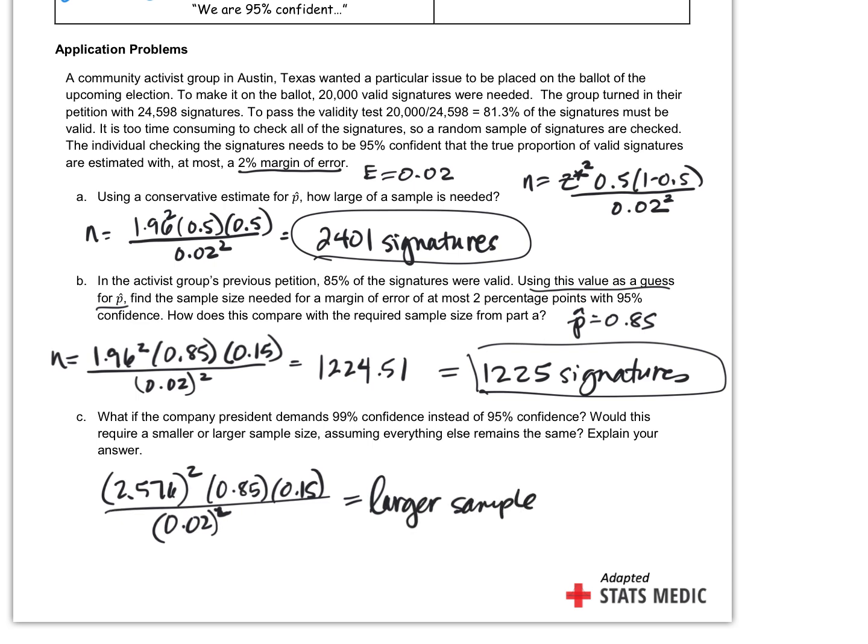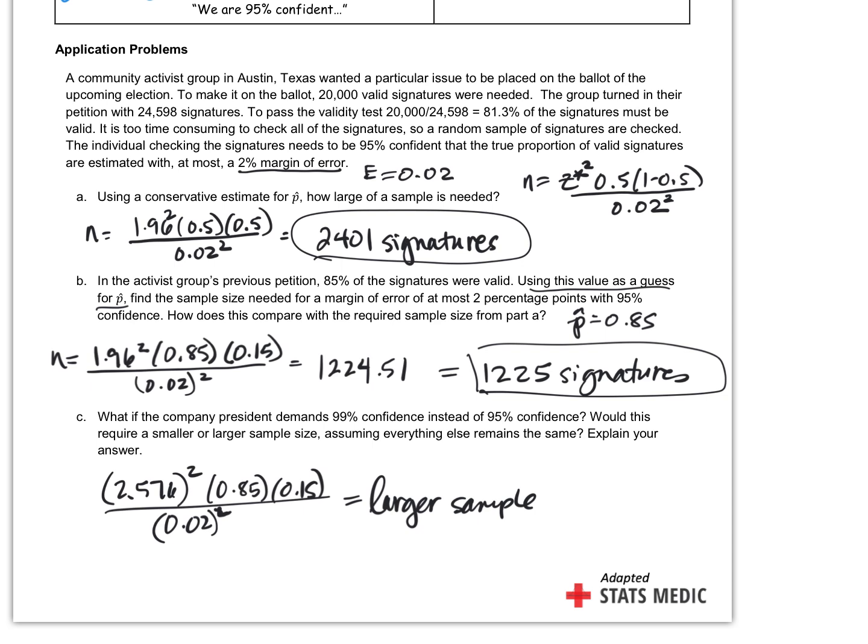Okay, let's think about that. A larger sample is going to give us bigger confidence, isn't it? Do you remember that little applet I showed you with the little arms? If we increase our sample size, don't our arms get smaller? So that makes sense, doesn't it? We're going to be more confident. We're going to have a smaller margin of error. So it's going to give us a larger sample.